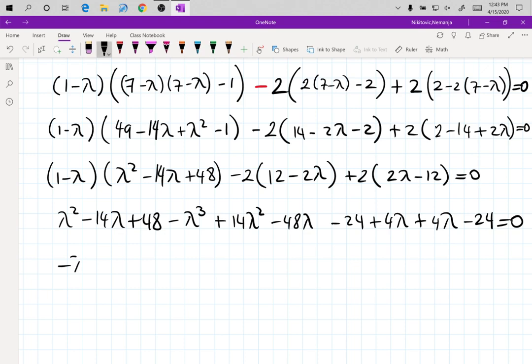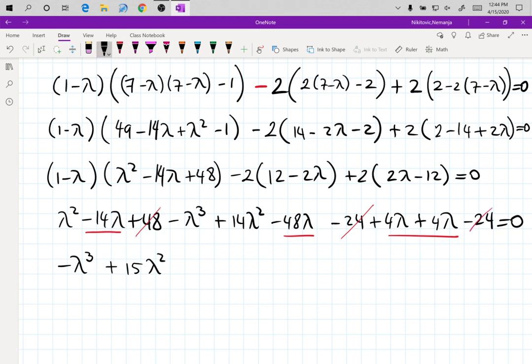Like terms, negative lambda cubed. Now all of the squares, I just have plus 15 lambda squared. All of the single lambdas. I think that's it. Yeah, that's it. The 48, 24, and 24, they cancel, which is nice.